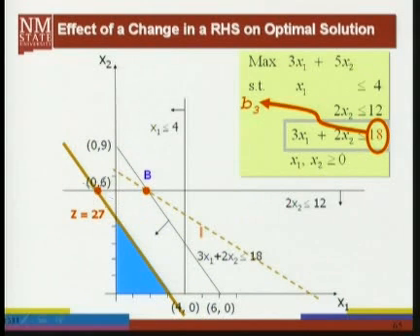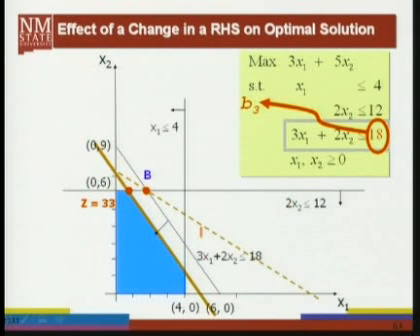Okay, what about this case? Currently B3 is 18, but if B3 is decreased to, what value is that? It should be 14, okay? Right now, B3 is 14. Then the plant number 2 and number 3 constraints are binding in the feasible region, okay?